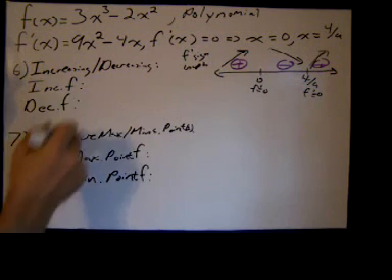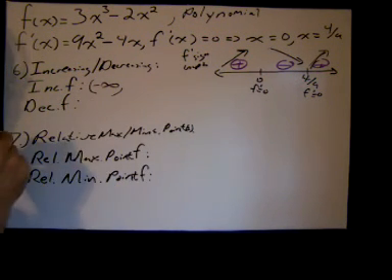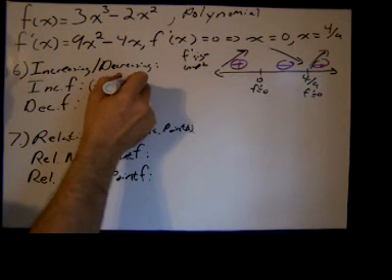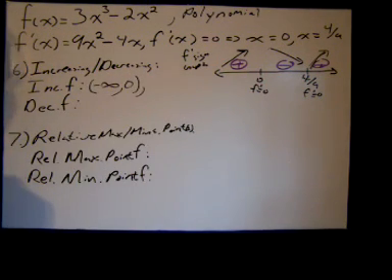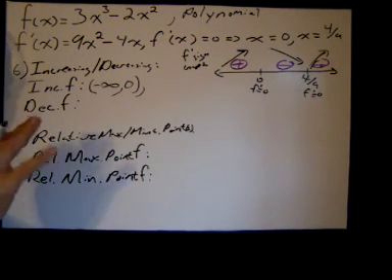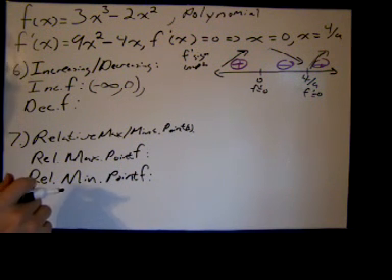So the function is increasing on the intervals from negative infinity to 0, and you can include it, I'm not going to, and I'm just going to use a comma. This is just the intervals in which it's increasing. You might want to ask your individual professor how they choose to grade that particular little detail, but I'm not going to include 0 in where it's increasing, even though I could.